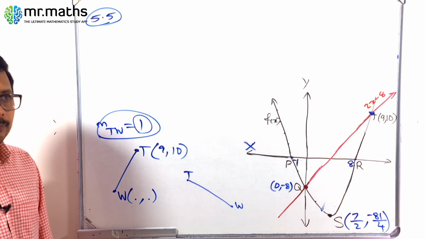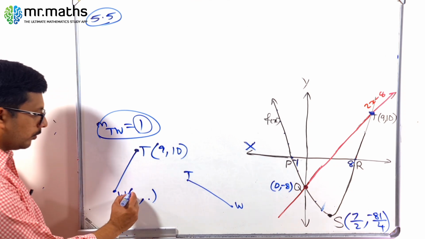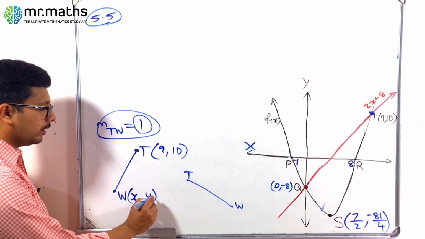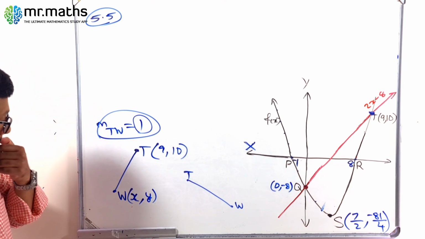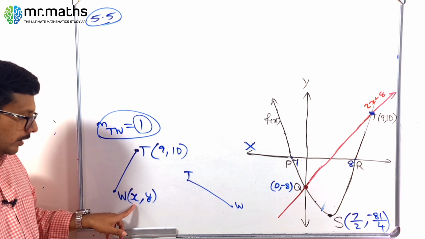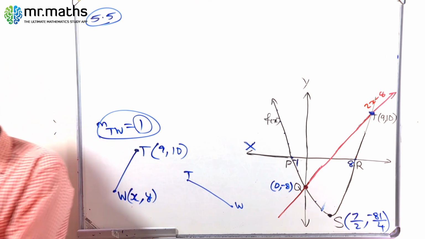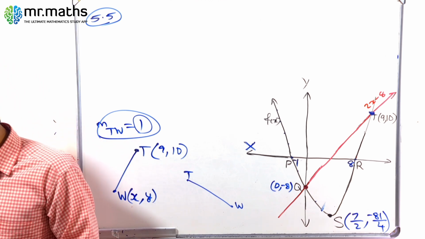Let me call the coordinates of W as x and y. Now, what is the gradient formula?